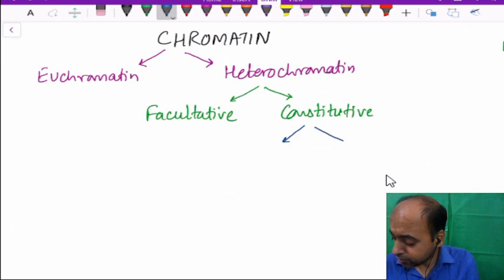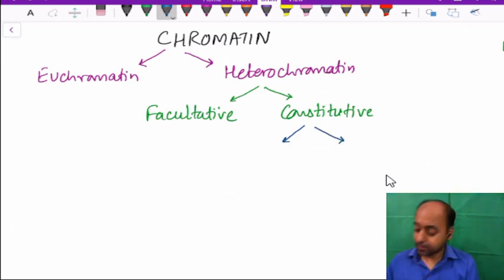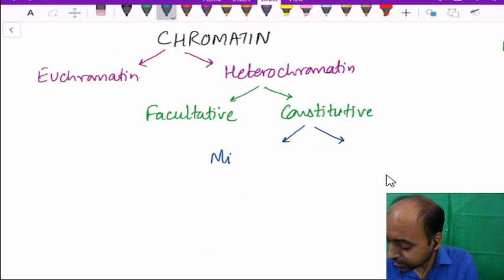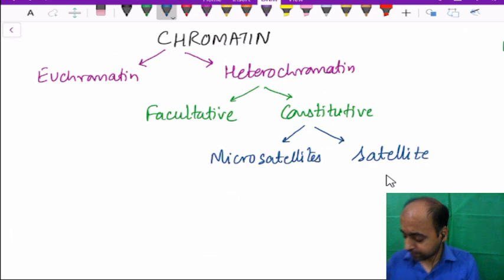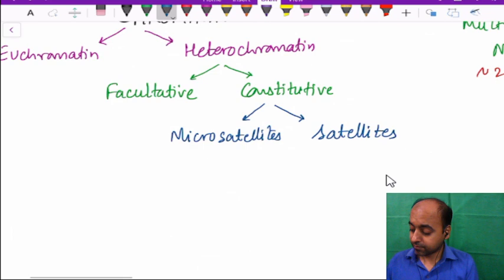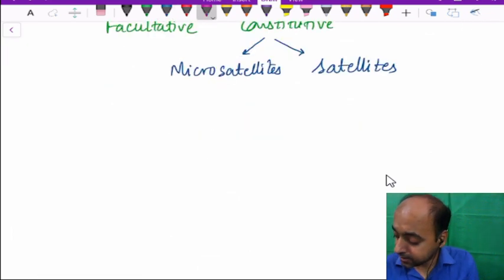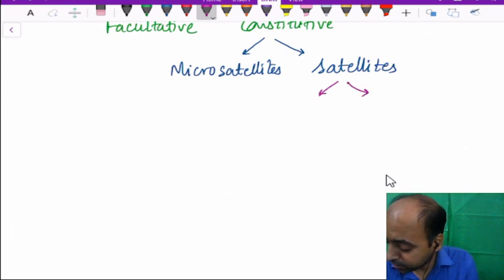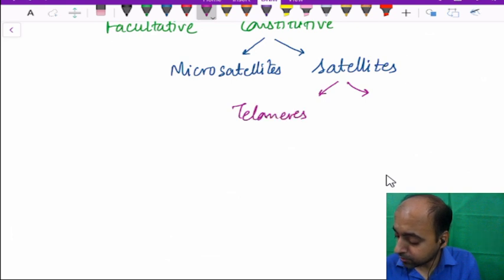The constitutive heterochromatin may be microsatellites, or they may be satellites. The satellites include the telomere and the centromere.